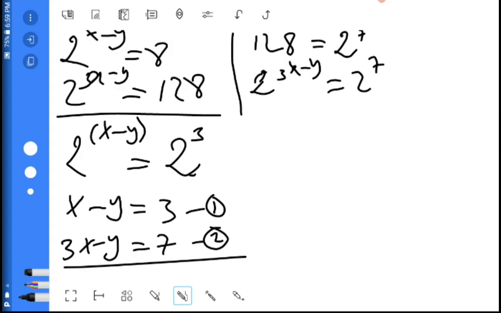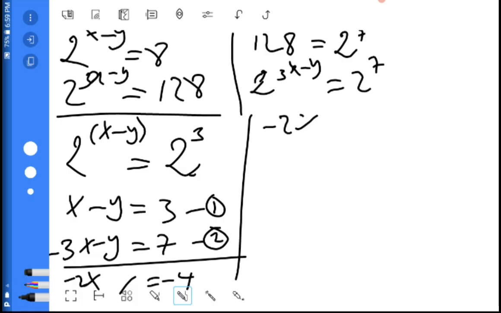Now we can use the elimination method to solve these two equations simultaneously. So let's subtract. We have x minus 3x, which is negative 2x. We have negative y minus negative y, which is 0, and that will be equal to 3 minus 7, which is minus 4. What does that mean? You now have negative 2x equal to negative 4.